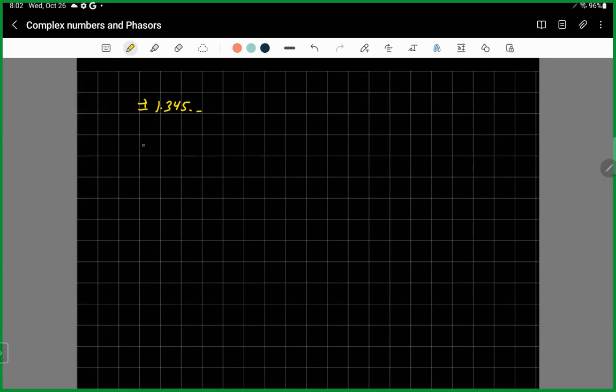Like when I ask, what is the square root of 9? I know everybody will say it's either positive 3 or negative 3, because when you multiply positive 3 times positive 3, you get 9, and if you multiply negative 3 times negative 3, you get 9.